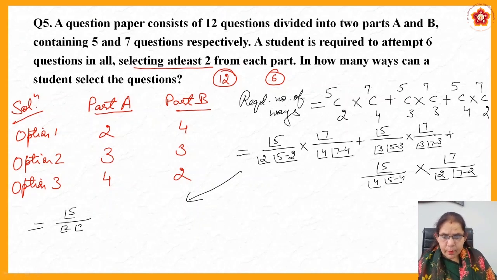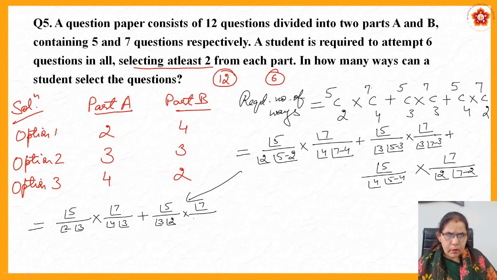Factorial 5 upon factorial 2 into factorial 3 multiplied by factorial 7 upon factorial 4 into factorial 3, plus factorial 5 upon factorial 3 into factorial 2, factorial 7 upon factorial 3 into factorial 4.